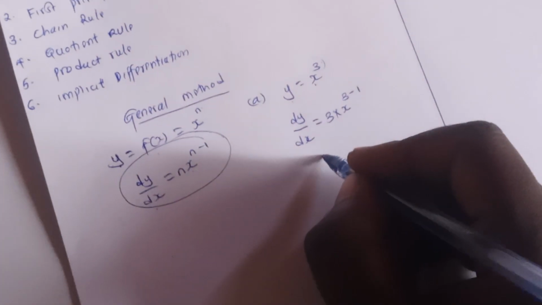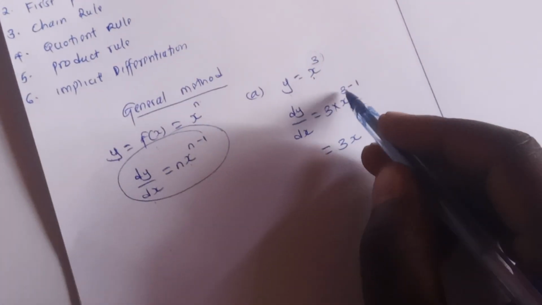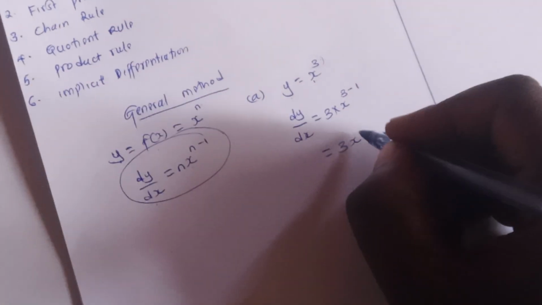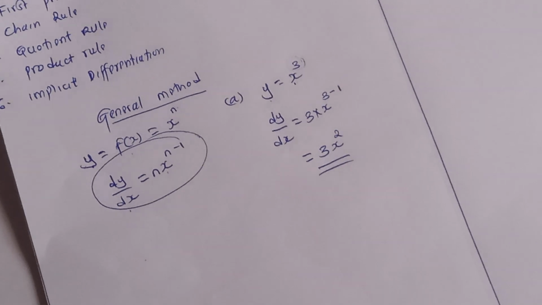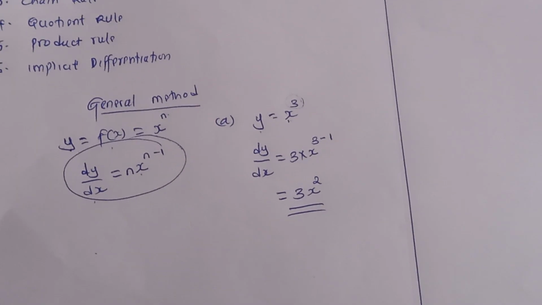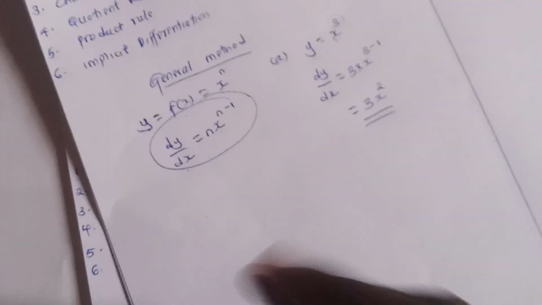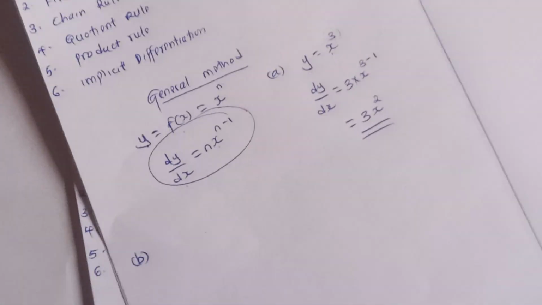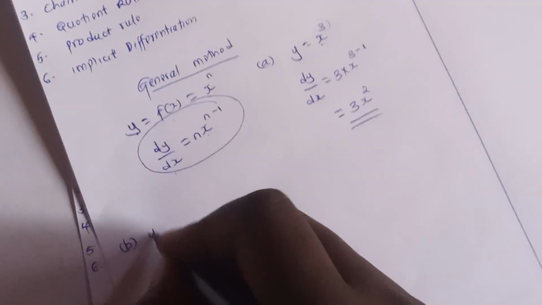So my final answer will be 3x, since 3 minus 1 gives us 2, so 3x squared. That's how we differentiate that function with respect to x.